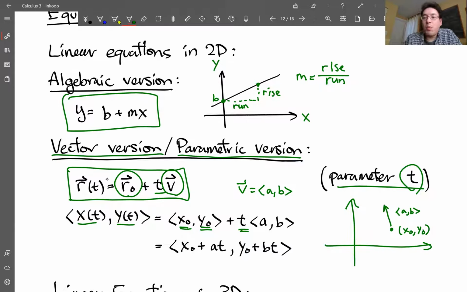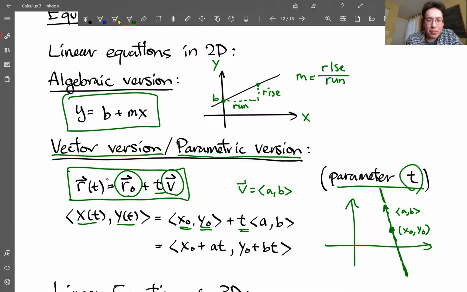So remember, when we multiply a vector by a scalar, you can make this vector longer and shorter. So we're talking about all of the points in that direction. So we start with x naught, y naught, and we look at all of the points that you can reach by stretching this vector forward and also backwards.